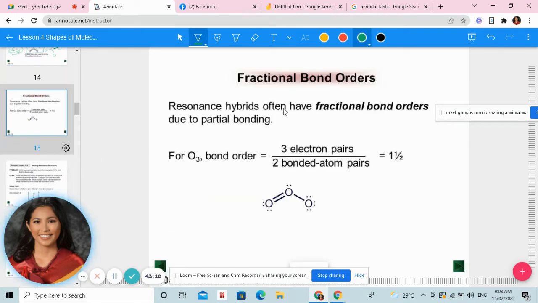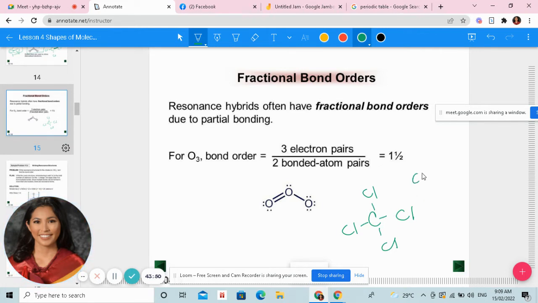Now for resonance hybrids, what will happen to the bond orders? If we have CCl4, with Cl, Cl, Cl, and Cl, what is the bond order?